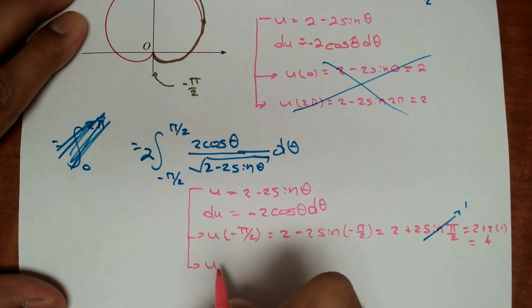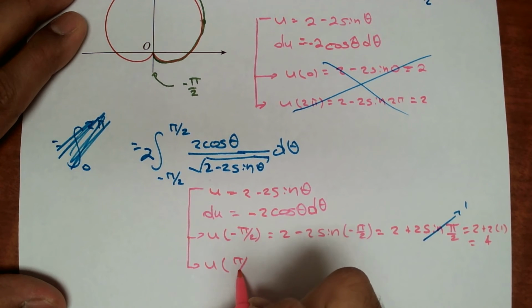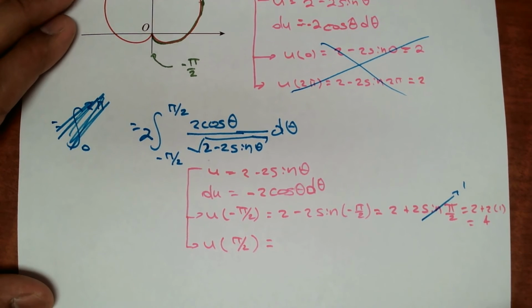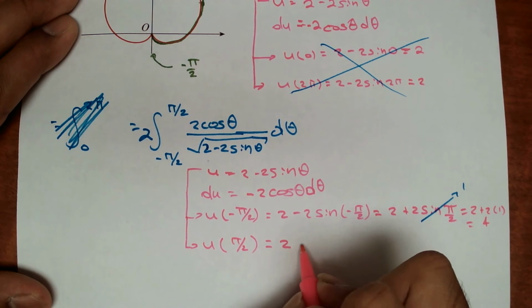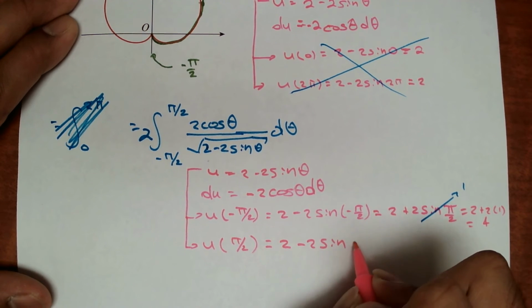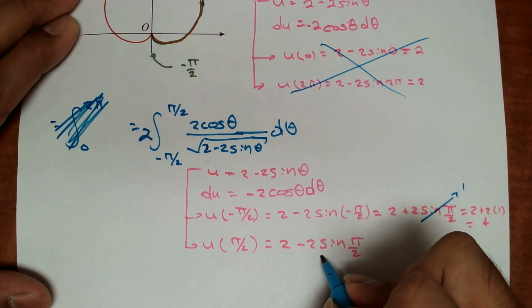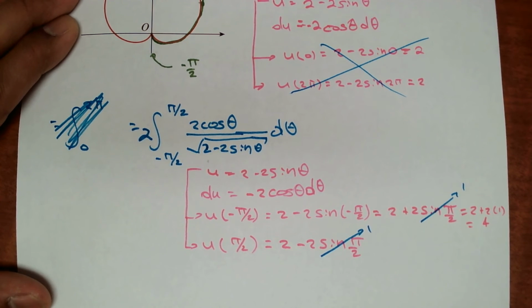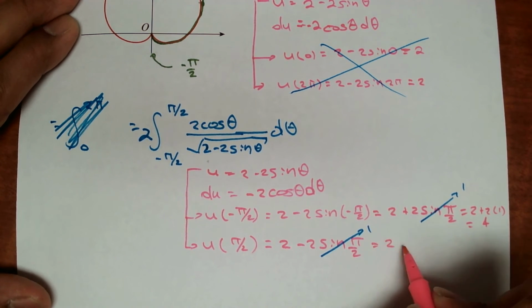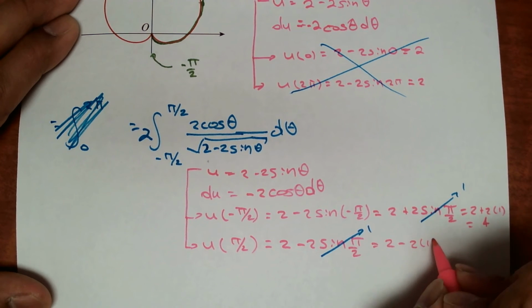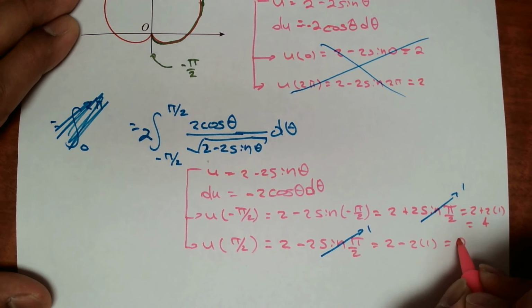Let's do the upper limit, pi over 2. So 2 minus 2 sine of pi over 2. Again, in this case sine is 1, so this is going to give us 2 minus 2 times 1, which is 0.